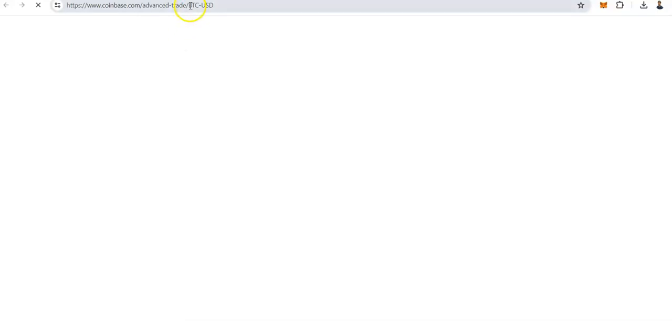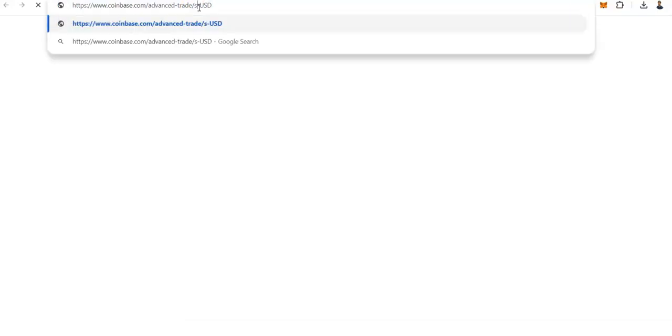So what we're going to do is just put ALICE, hit enter, go to here, put spell, hit enter, and so now we're looking at the coins that the co-owner is looking at for the day.